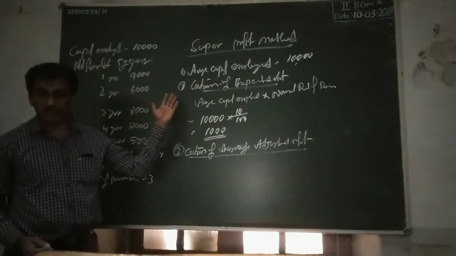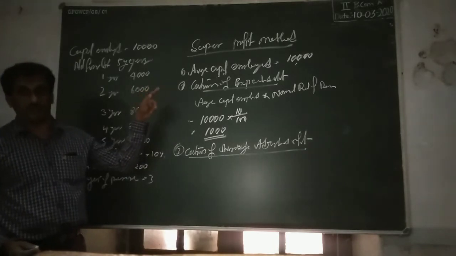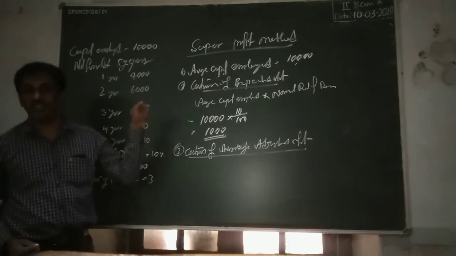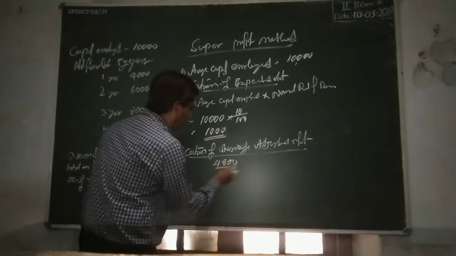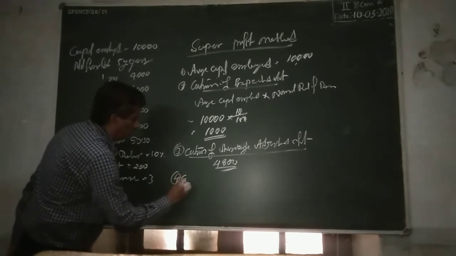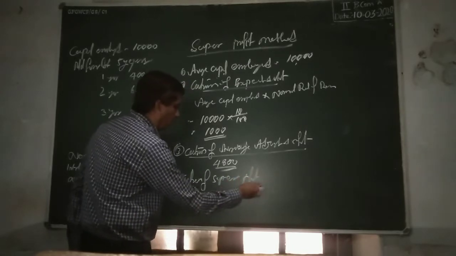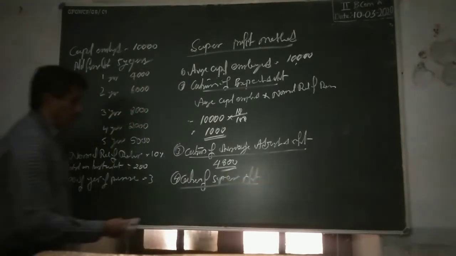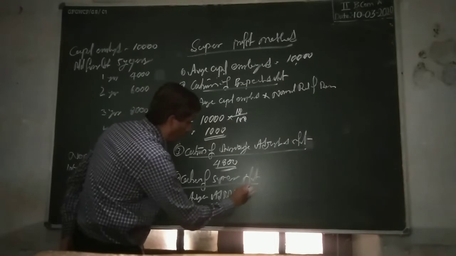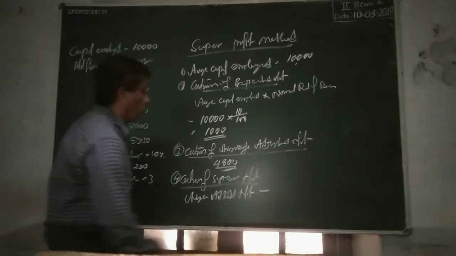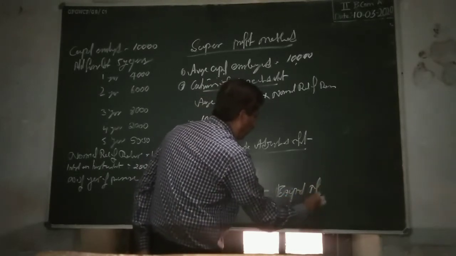We already found average adjusted profit. We found average profit, that is 25,000 divided by 5, that is 5,000, minus interest on investment already found, that is 200, so 4,800. The next step is calculation of super profit, which means average adjusted profit minus expected profit.